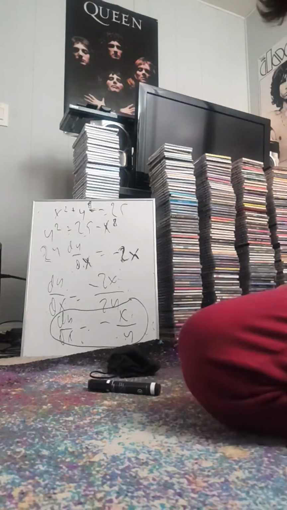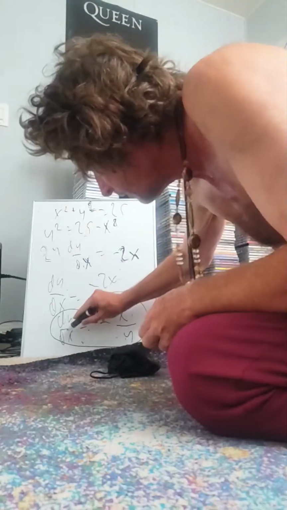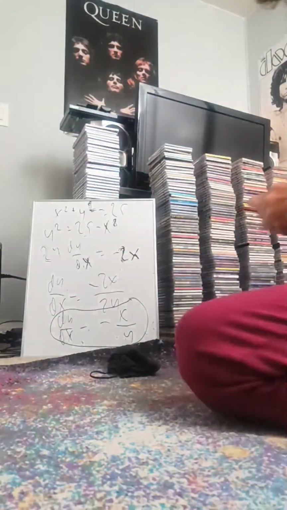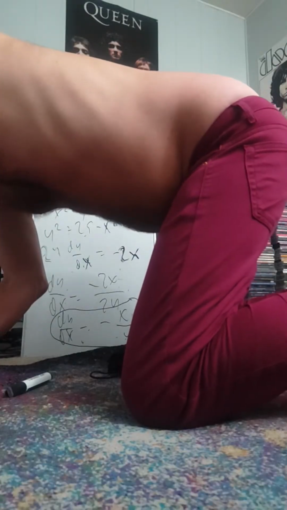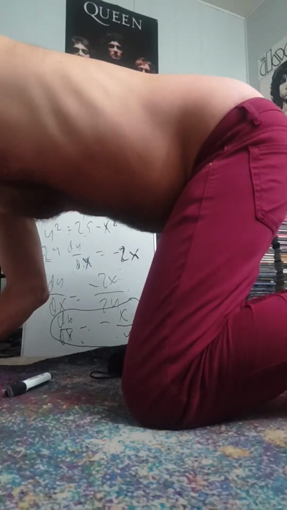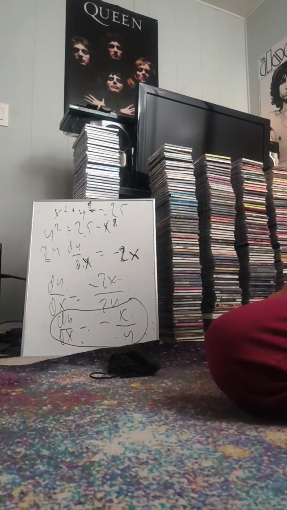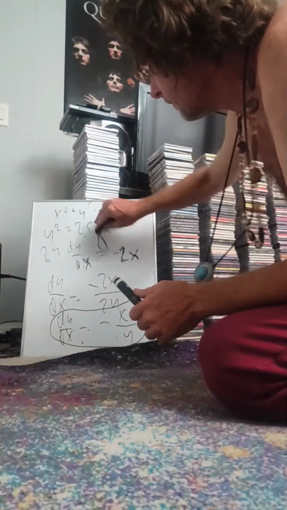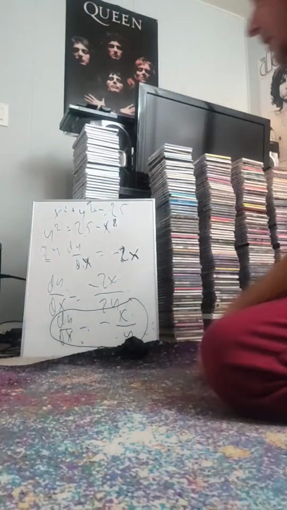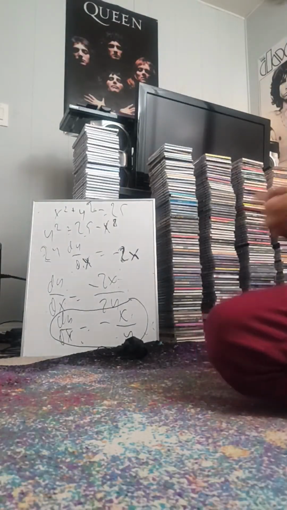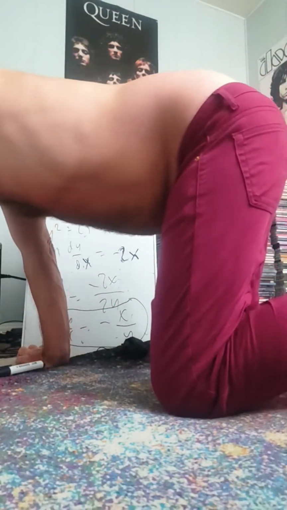Moment of truth, dy/dx equals negative x over y. And I did it right. And that is an example of implicit differentiation because you started with a relation, not a function. Okay. Now, any more else on that problem? Because I did that part right.